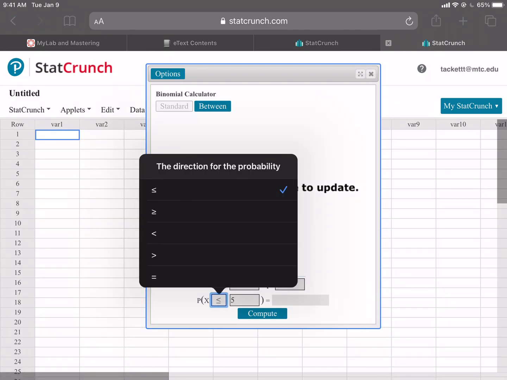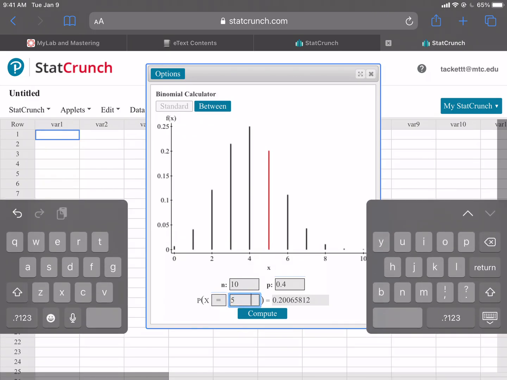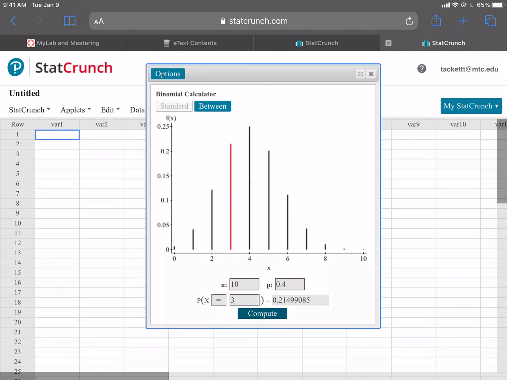If you click in that, you can select your symbol, or equal, and find the probability that it's equal to 3. Hit compute, and that's the 0.2150 that we got. It also shows you on the graph what we are interested in. So we're interested when x is equal to 3 here.